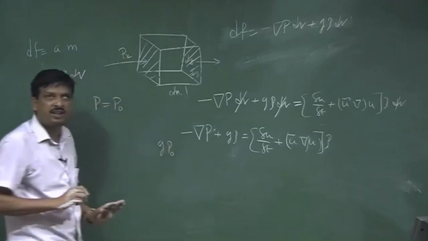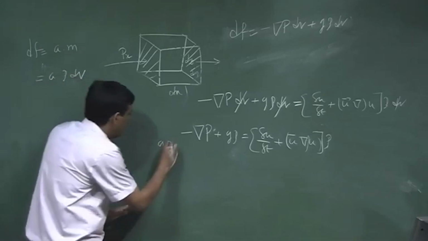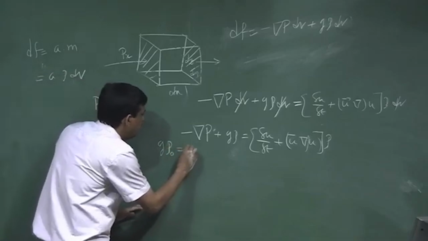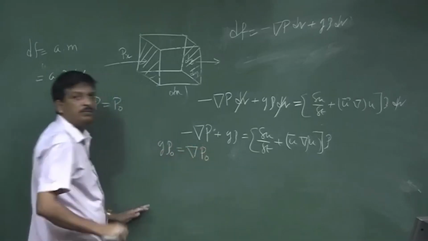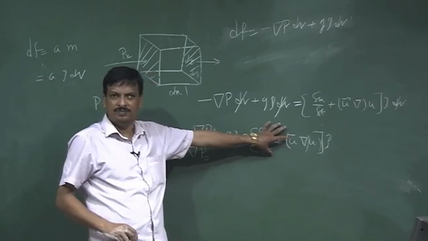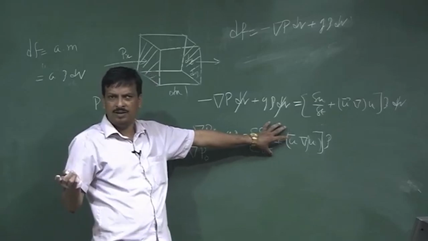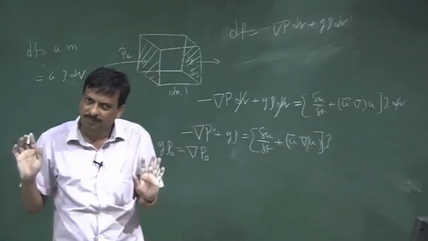So G rho 0 is nothing but equal to the divergence of P0, because this portion is 0: no particle velocity with respect to time and position, no acoustic pressure.